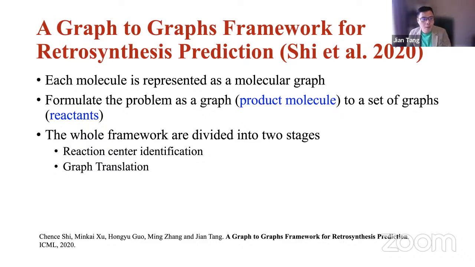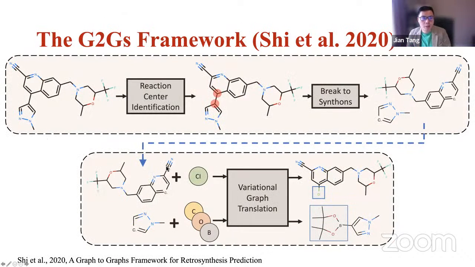Okay. So the essential idea of this graph-to-graph framework is a two-stage framework. What we did in the first stage is called reaction center identification. Basically, we need to determine the reaction center between the two reactants. For example, if there's some reaction between the two molecules, then maybe they will form a new edge between the two.